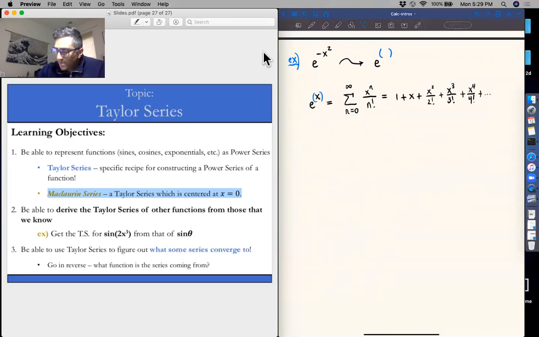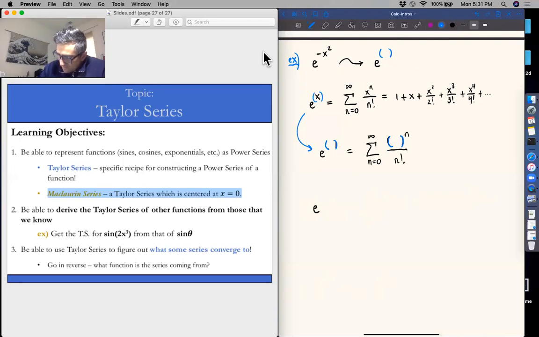And basically what we're able to do then is say, if I'm raising e to whatever those parentheses are, the way I can really envision this is e to any power is equal to the Maclaurin series of whatever I'm putting in those parentheses raised to the nth power and divided by n factorial. So what we're going to do basically is inside of those parentheses, we're going to put in minus x squared.